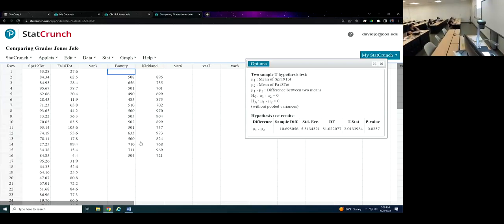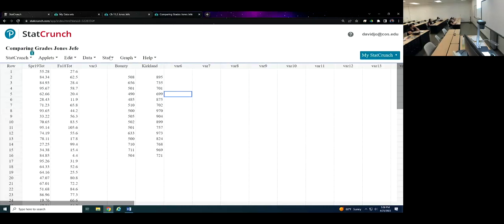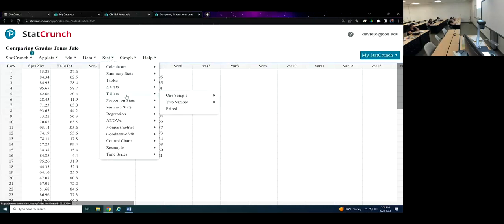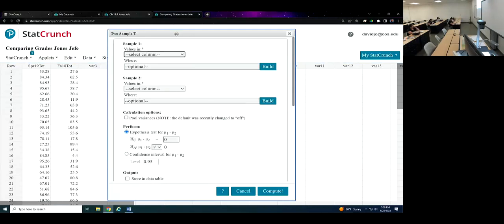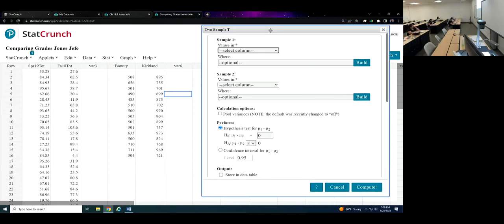We don't want that in there. All right. Stats, T-Stats, two sample with data. And we're saying Kirkland is greater than Bounty. Kirkland greater than Bounty, check.